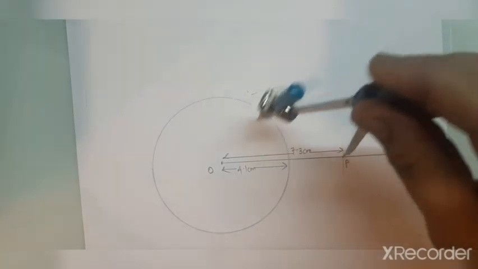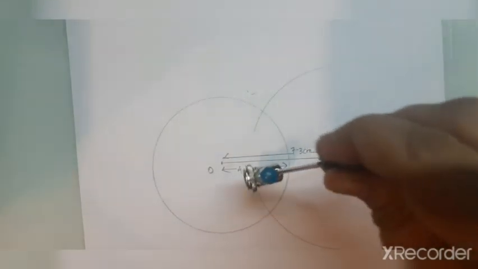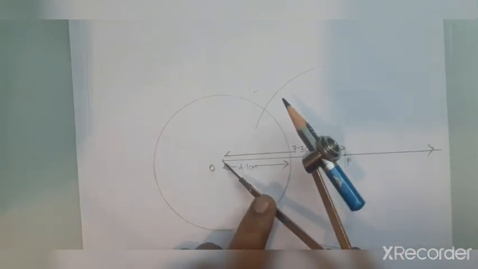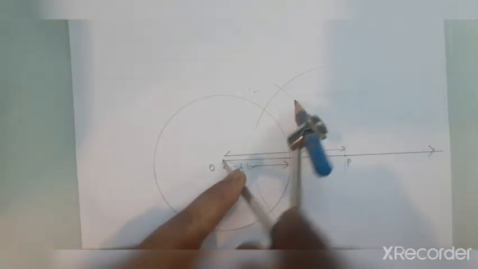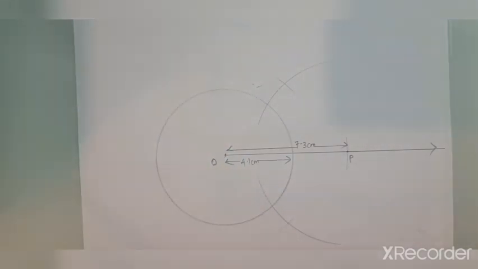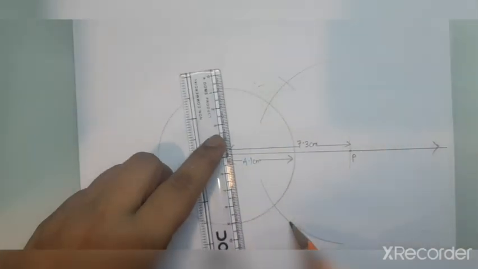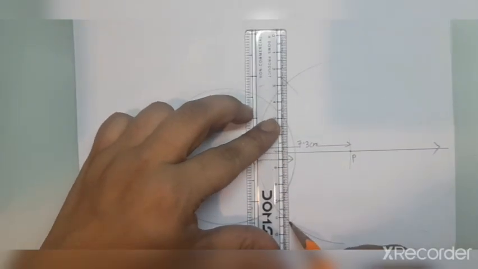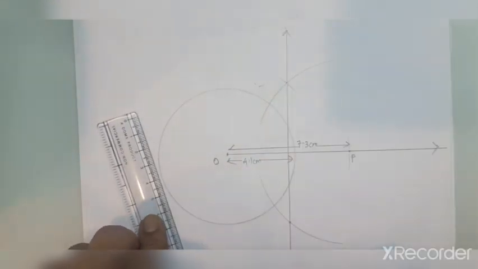And I'll just make an arc up and down. Okay. Now with the same distance, I keep it on O and I just cut this arc. I'm going to just join this intersection and this intersection here. That will give me a perpendicular to OP.